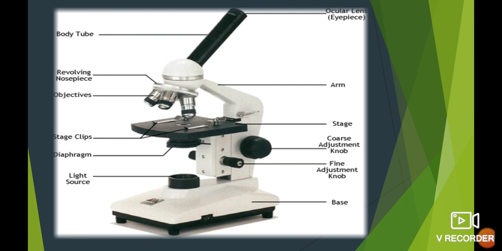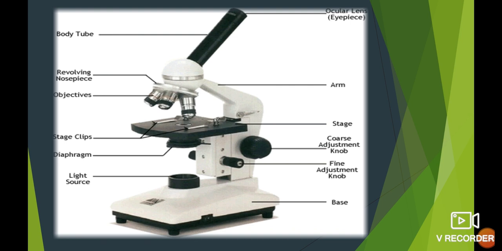Next, we have the mechanical parts. So let's start. Again, we have the base. The base supports everything so that the microscope can stand still. And then we have the arm. The arm is where we hold the microscope, together with the base for support, when we are going to carry it.